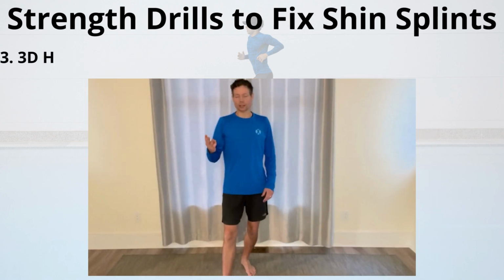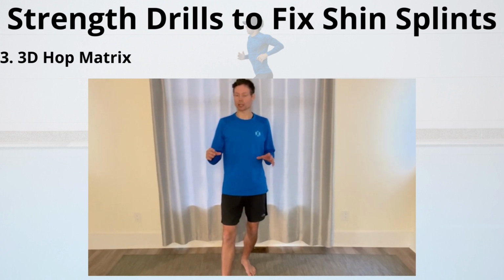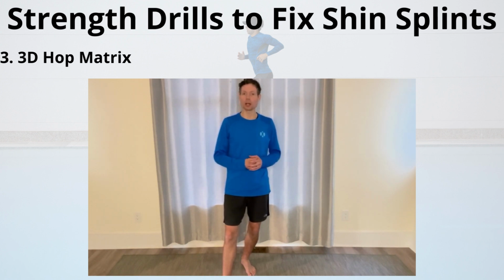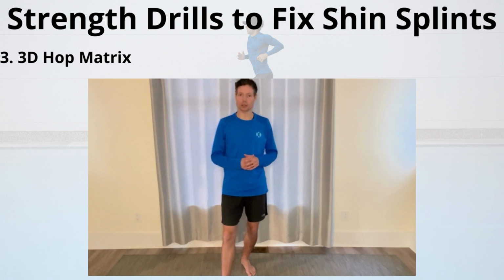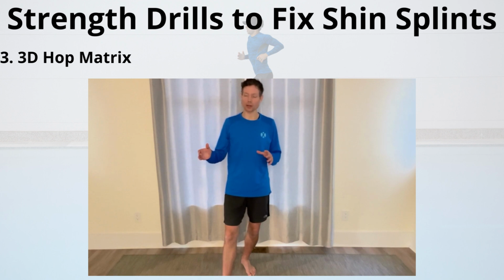All right, so the third exercise that your runners should be able to do, and this is really kind of the litmus test. Once they're able to do this three-dimensional single leg hop matrix without any pain and with quite a few repetitions, you'll know that they are ready for quite a bit of impact with their training, meaning they can get back up to full workouts, full intensity, full volume, probably pretty safely.